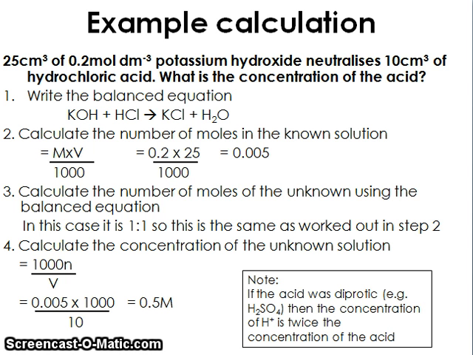So when you work out your number of moles in step 3, you'd have to remember that there would be twice as many moles of the KOH as there would be for the H2SO4. So your number of moles of H2SO4 would be half what you've got of your KOH. So you've got to remember that, and you've also got to remember that the concentration of the H plus is going to be twice the concentration of the acid.